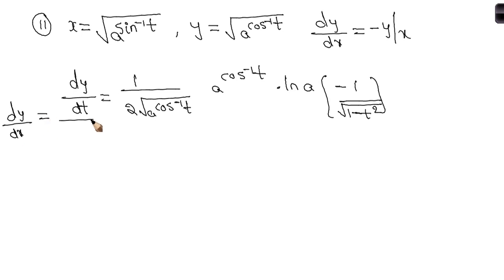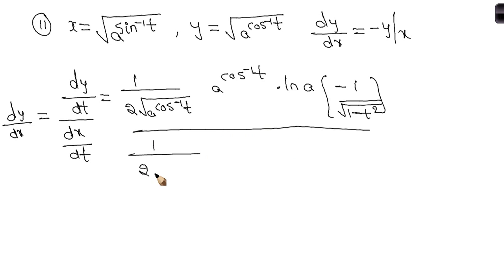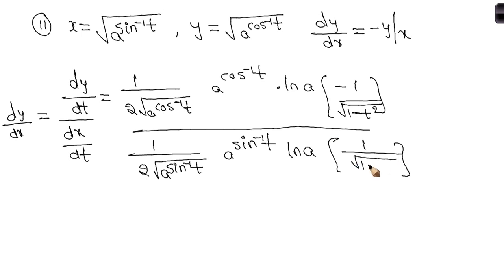dy by dx is same as dy by dt upon dx by dt. You do the derivative of dx by dt, you get 1 by 2 times root of a power sin inverse of t into a power sin inverse of t into ln of a into 1 upon root of 1 minus t square.